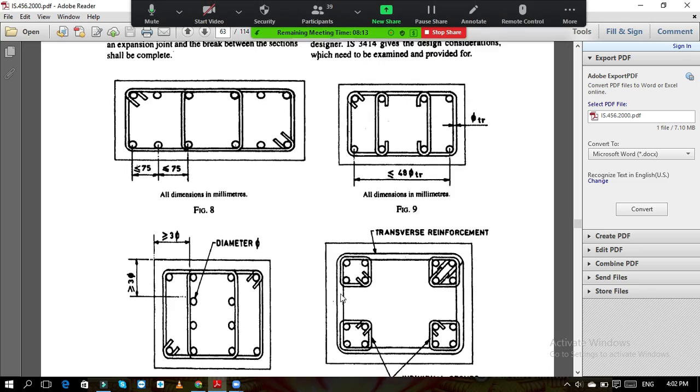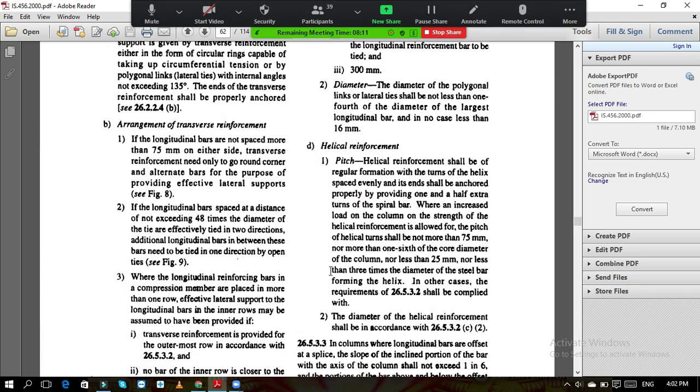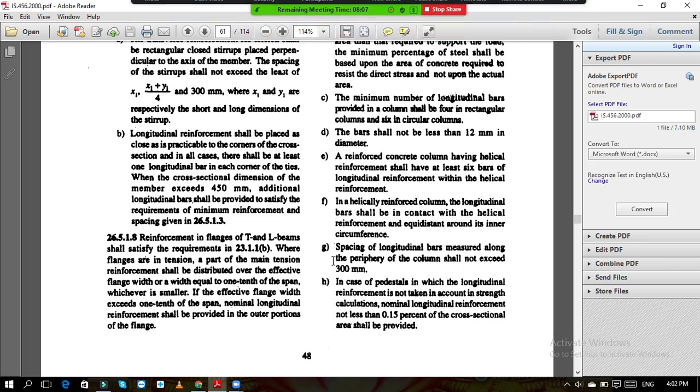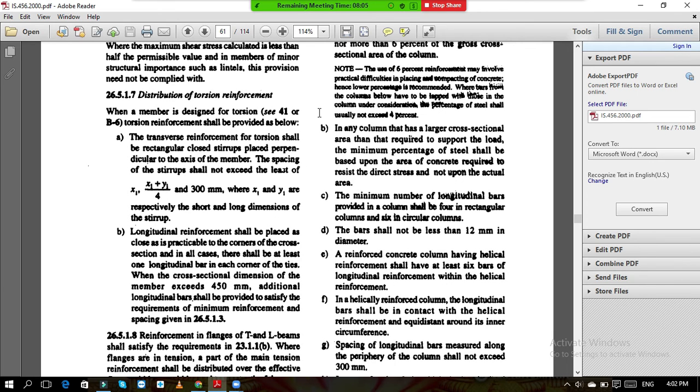I have told you the clause. We need to use the clause x1 plus y1 by 4 and 300 mm to calculate the spacing. So for that we need to calculate what is x1 and what is y1.